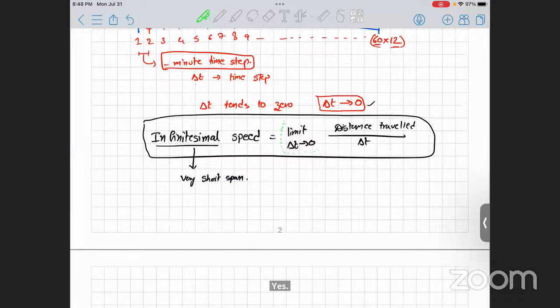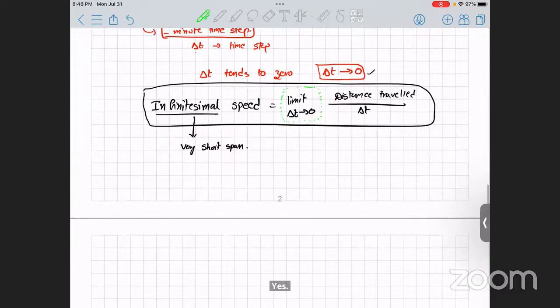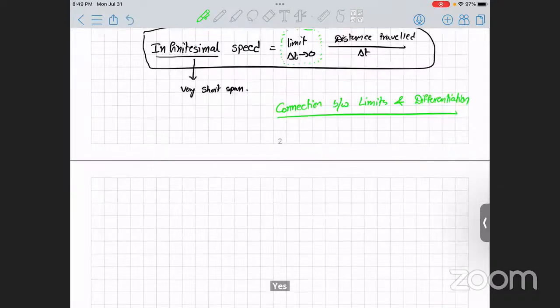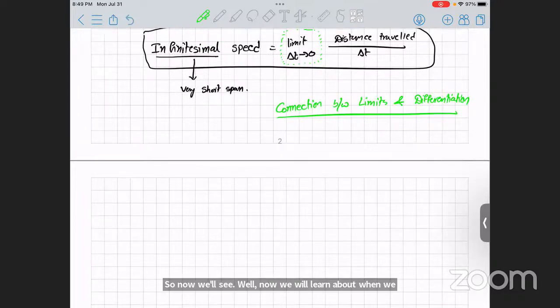There is a connection between limits and differentiation. Agree? So now we will learn about when we can say differentiation exists, or differentiability.